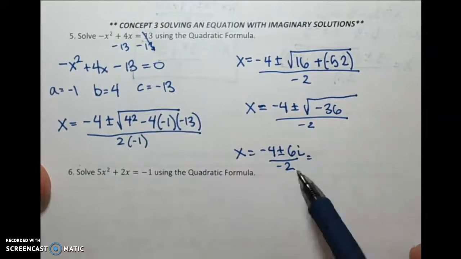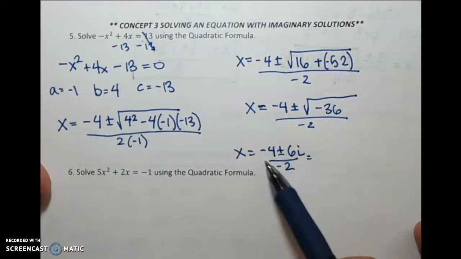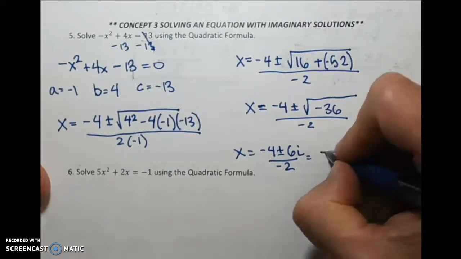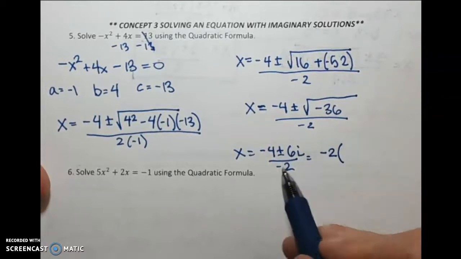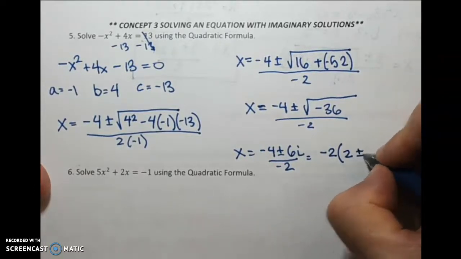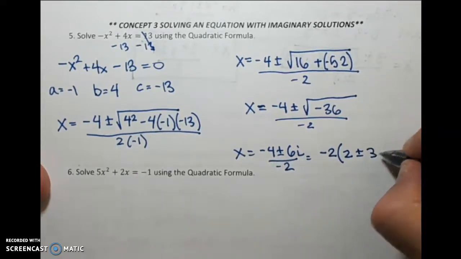I'm going to simplify. Since I have that negative 2 right there, I am going to look to factor something out from the top that I can cancel it with. As a matter of fact, I could factor out a negative 2 from negative 4, and I get 2, and a negative 2 from 6i, and I get 3i.